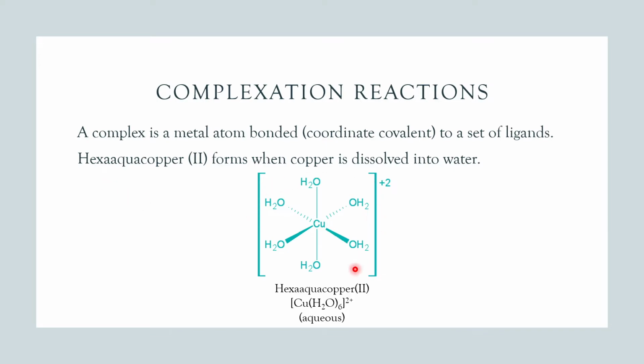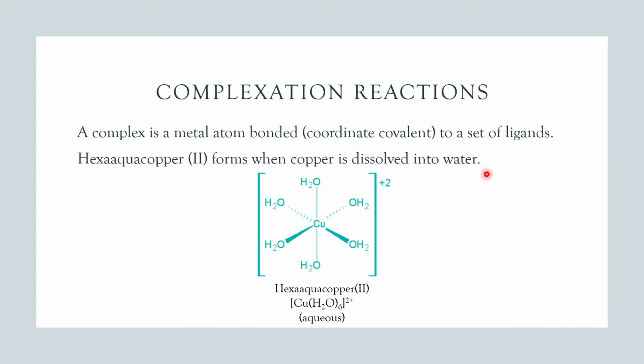This forms, in this case, copper with 6 water ligands, hexaaquacopper(II). So hexa referring to the 6, aqua meaning water, and copper being our metal in the center. The Roman numerals indicate that the charge of this complex is +2. So this actually forms whenever we dissolve copper into water.